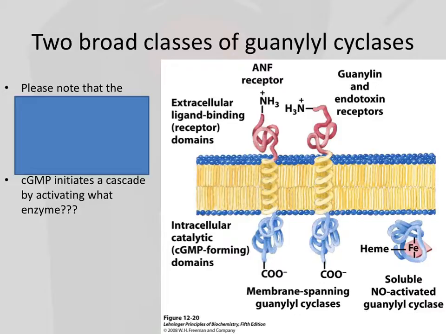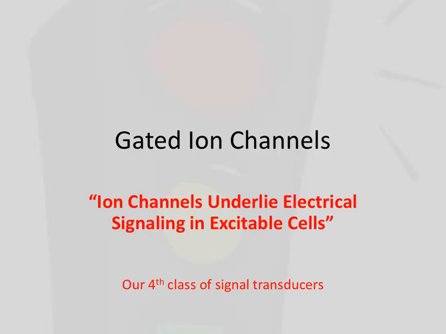Okay. So knowing what we know from the previous examples, remember cAMP was made by adenylyl cyclase, and after it made cAMP, what enzyme did it activate? PKA, protein kinase A. So just hypothesize, what do you suppose that cGMP is going to activate? Right, so that's it.